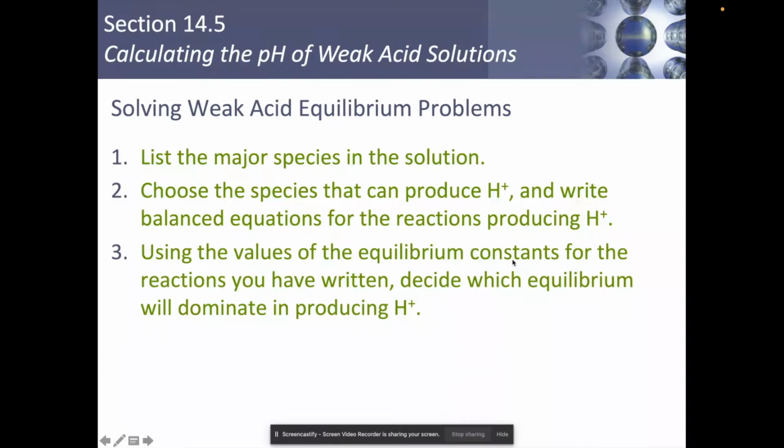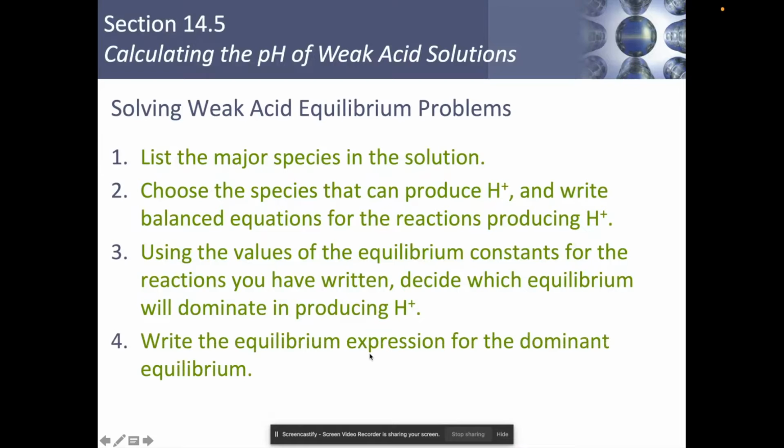If it gives you an equilibrium constant, now we can decide again which equilibrium is going to dominate. Remember, we don't even give equilibrium constants for strong acids because they're essentially infinite. So the only time Ka would ever become a really important thing would be if we're looking at a weak acid or a weak base.